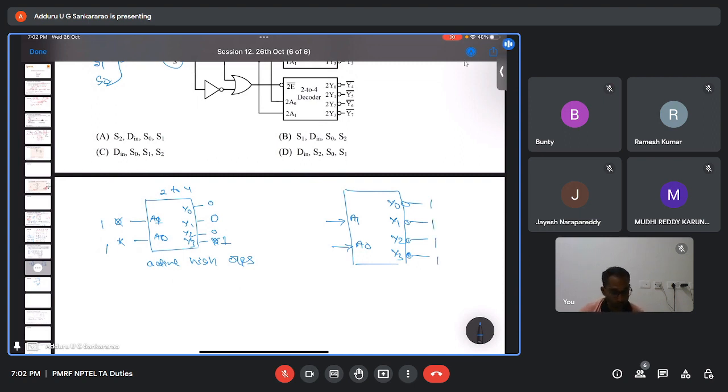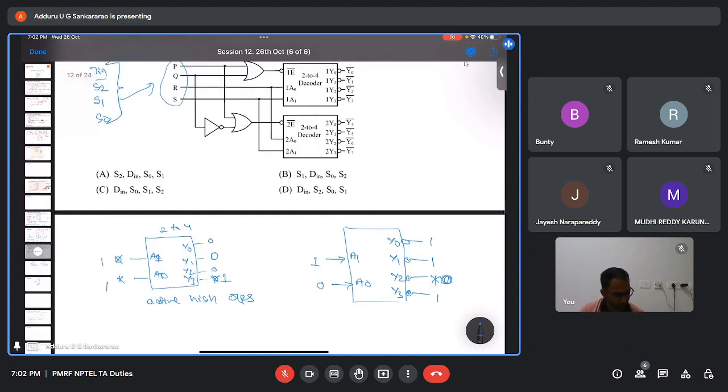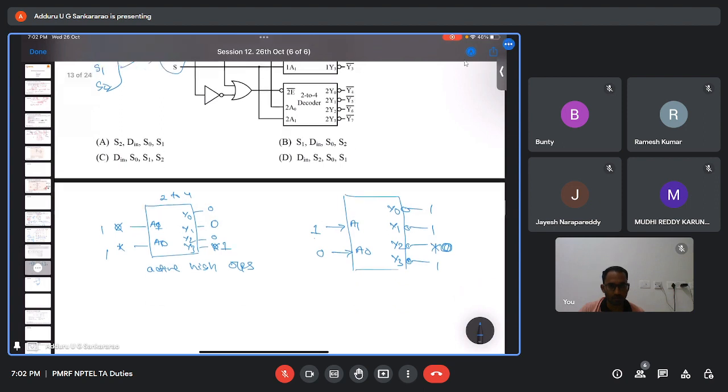Based on whatever input you apply, let us say I apply 1, 0, any one of the outputs will be active. 0 means active here, and all others will be 1. The decimal equivalent of 10 is 2, so Y2 will be active. This is active low output. The decoders given in our example are active low outputs.